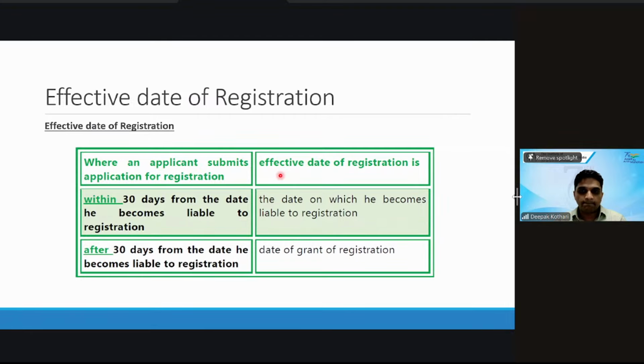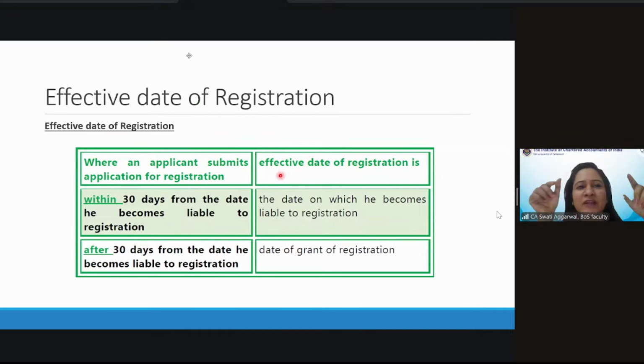Yes, ma'am. This concept is particularly very important, the effective date of registration, because generally in the case scenarios which we get in the Part 1 multiple choice questions, there are also implications of this topic. Registration itself is an important concept as far as procedural aspects of GST law are concerned.